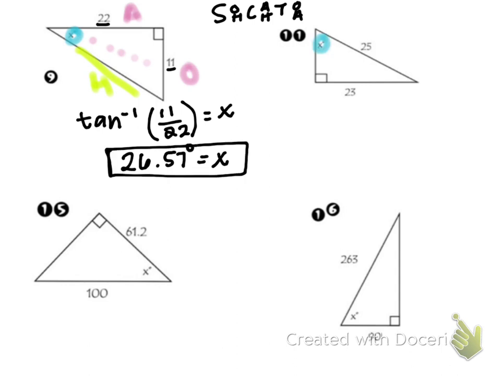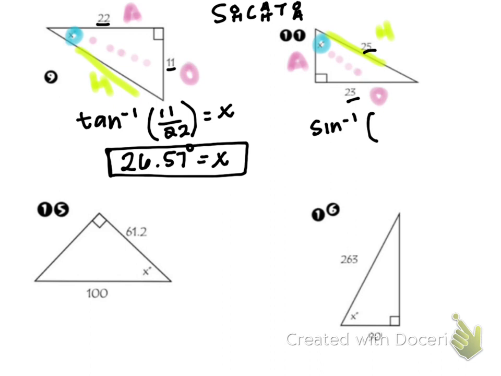All right. Try the next one, number 11. For number 11, we have this right here. Start by labeling our sides. This would be our H. This side is O. This one's A. The things that we have are that 25 and that 23, which is O and H. Looking at our trig ratios, O and H is sine. We're looking for an angle, so you're going to do inverse sine.